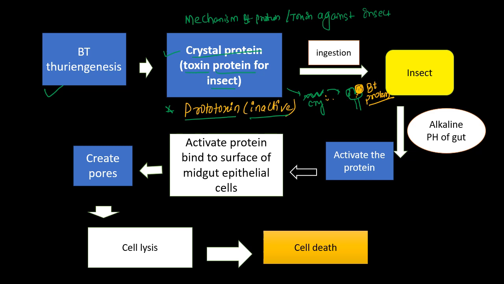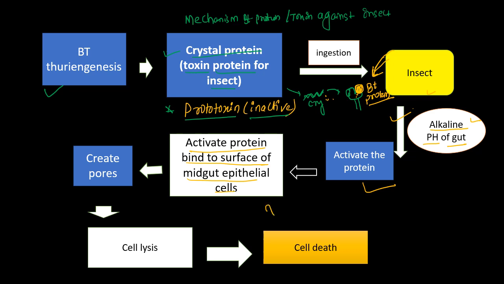After insertion into the plant, it produces Bt protein. When any insect comes to eat this leaf, the toxin enters inside the insect, which has an alkaline pH. Due to the alkaline pH of the gut, this protein is activated, and this activated protein binds to the surface of the mid-gut epithelial cell.